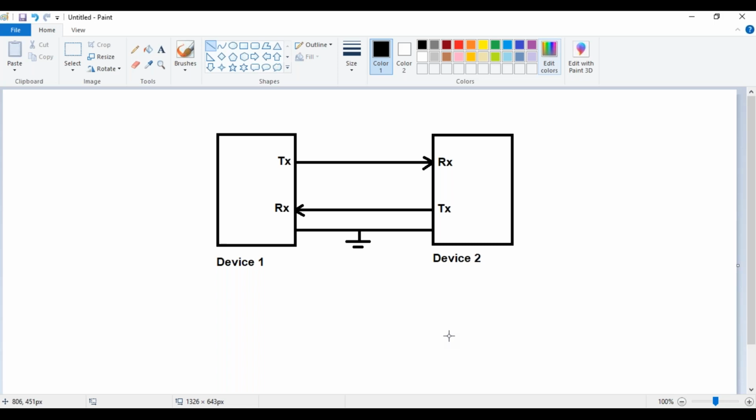So they have to be given to ground. Okay, if not common, at least you have to make sure they are connected to ground for safety purposes. Okay, now, so I have two devices, one is transmitting, the other one is receiving, and the second one is transmitting, the first one is receiving.